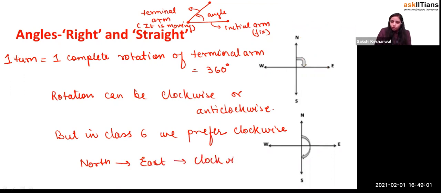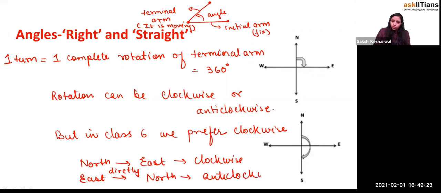But if I go from east to north directly, not going around the other way, it is anti-clockwise. Otherwise, you can go from east to north the long way in the clockwise direction. But directly from east to north is the anti-clockwise direction.